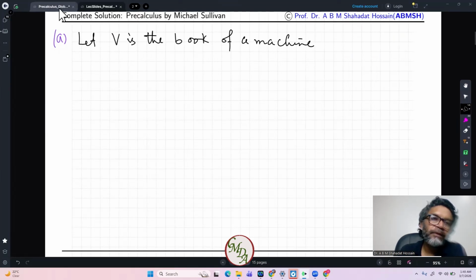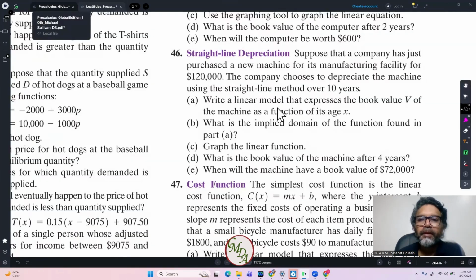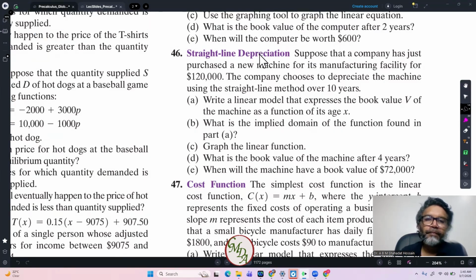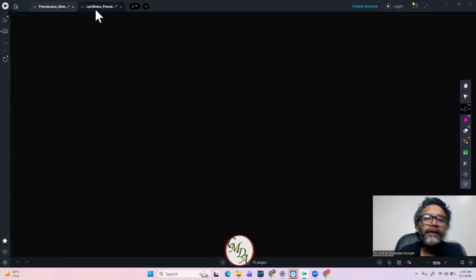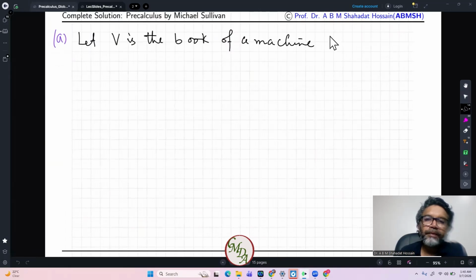The answer is actually written in the question if we read carefully. V is the book value of the machine as a function of its age. So x denotes the machine age, a machine of age x.